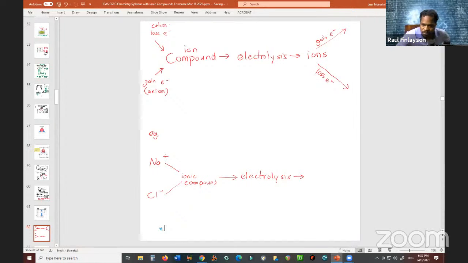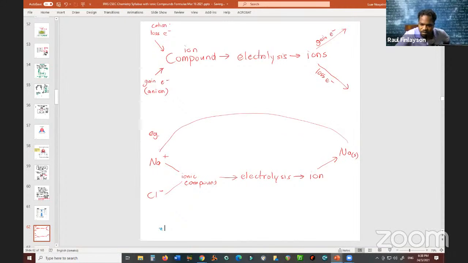So what's happening here now? After electrolysis, the ions that are formed will form Na, solid Na. That's what it came in with to form the compound, so that's a cycle here. The sodium ion, when it reaches here, is going to gain the electron.